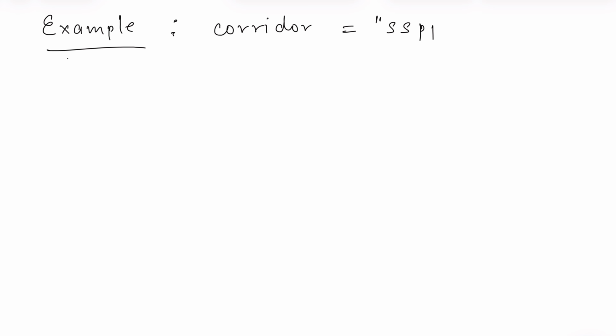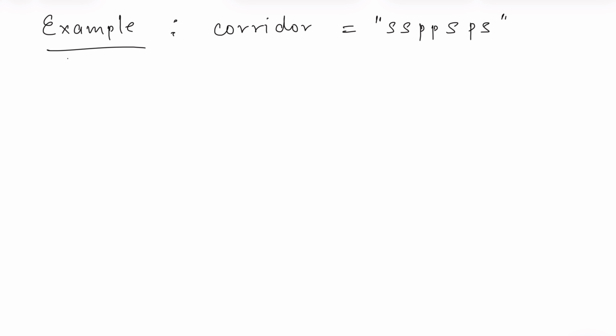Now let's understand this example. Very first, in the example we have been given the corridor, and in it we have SS, then P, then S and PS.